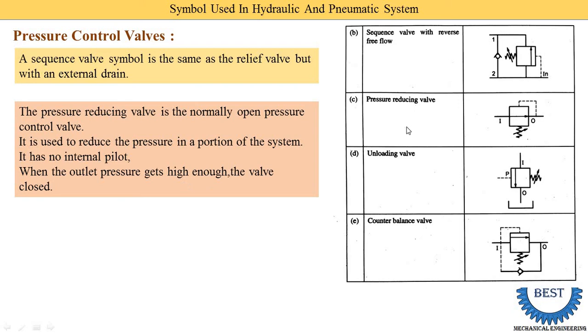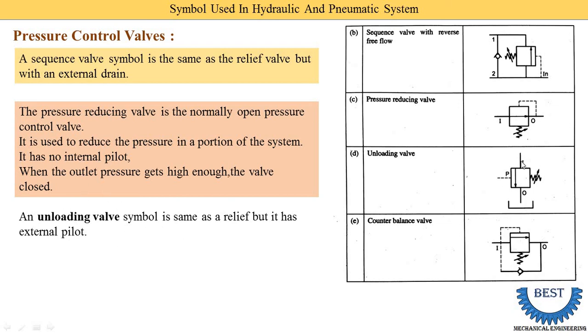Next one is the unloading valve. From its name we understand the meaning of unloading. Unloading means sometimes we need to empty something, it is called unloading. So here I explain. The unloading valve symbol is the same as the relief valve, but it has the external pilot, meaning external drain.